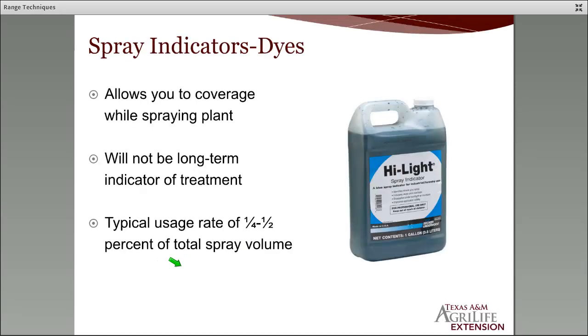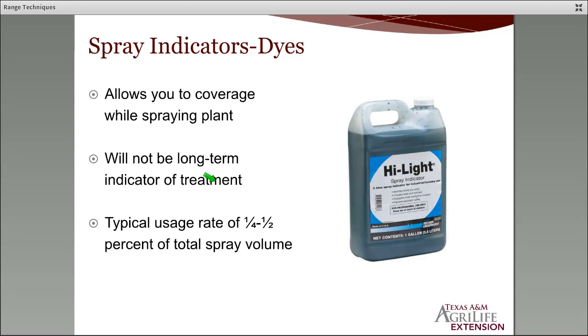Spray dye indicator. Works well if you're doing individual plant treatment. If you're spraying prickly pear, spraying mesquite, and you need to get each part of that plant covered, it works really well to put some blue dye in there. Lots of the turf grass guys use this as well to see the coverage that they get.